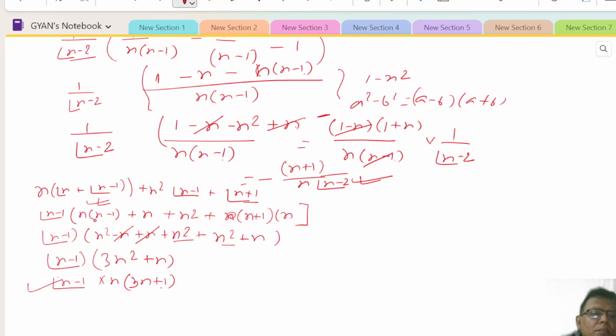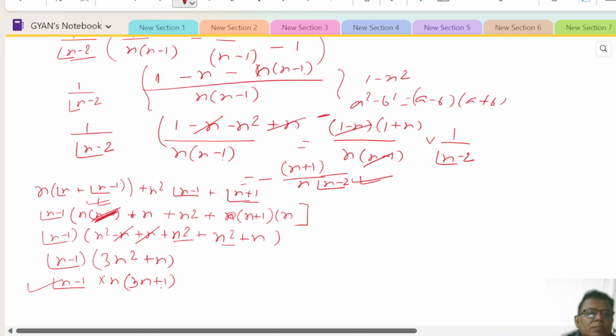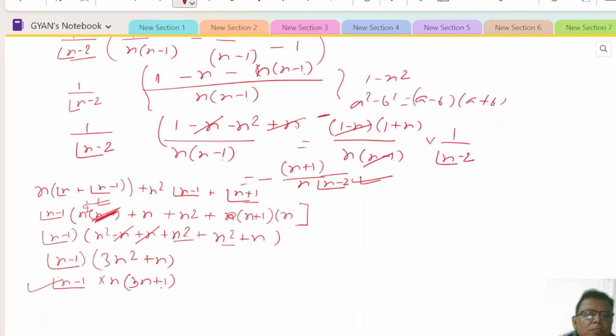This, we have done some mistake. This will not be there. So this is n, and this will be n, and here n. So this will be n square. So this is not there.